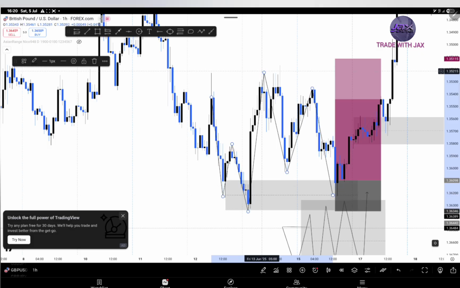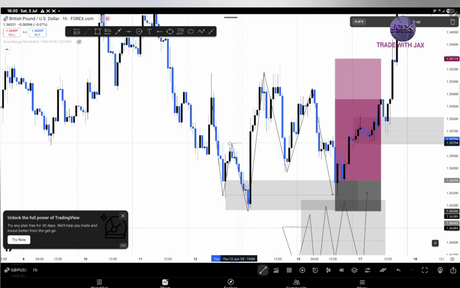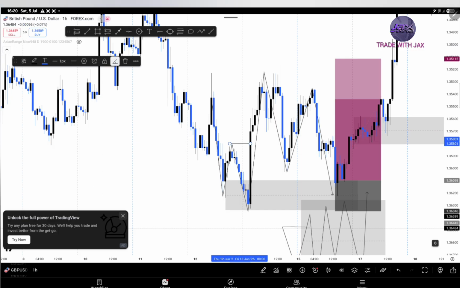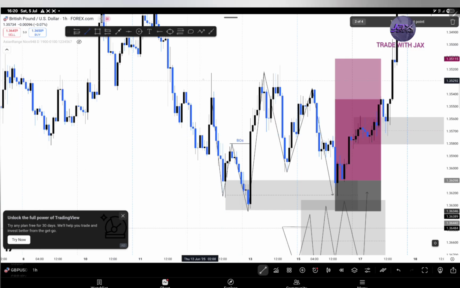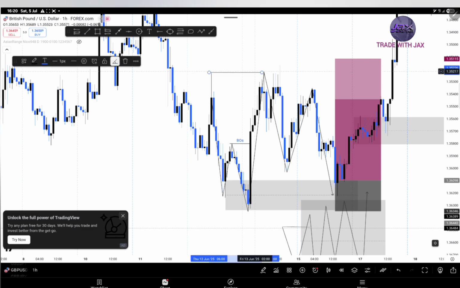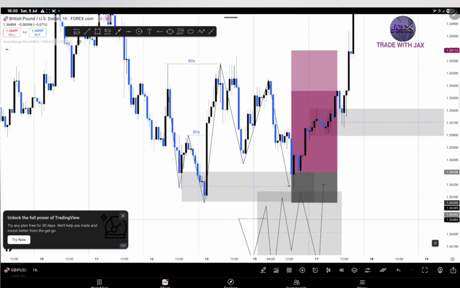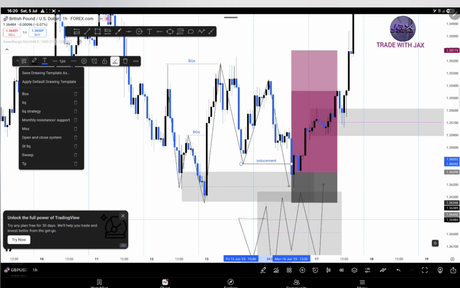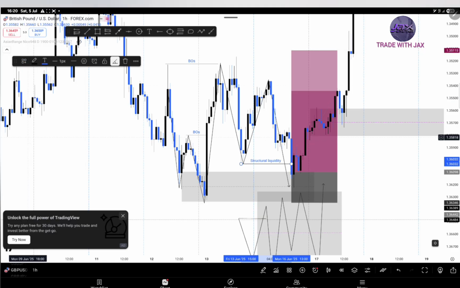After price pushed up and broke structure, of course you can see our breaks of structure here. Price pushed up and broke structures. It broke this, it even broke this. After price broke structure, what did the price do? Price retraced at least 50% or more, creating structural liquidity.